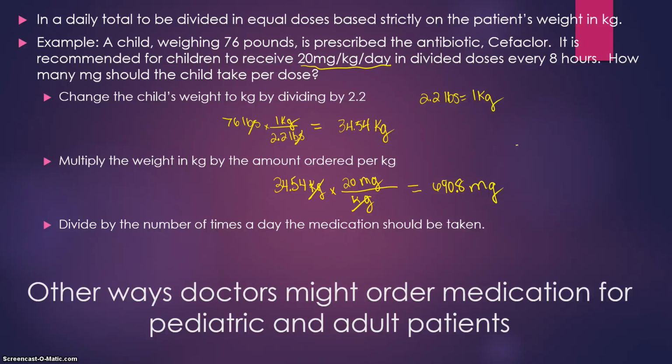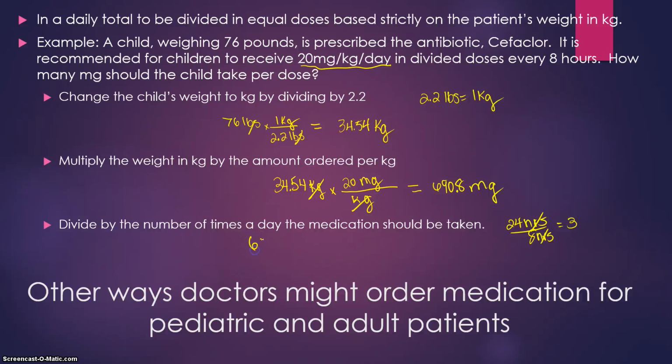And we want to know how many milligrams the child should take per dose. So if they have to take it every 8 hours, right? If you do 24 hours divided by 8, you get 3, right? So this means they're taking it 3 times a day.